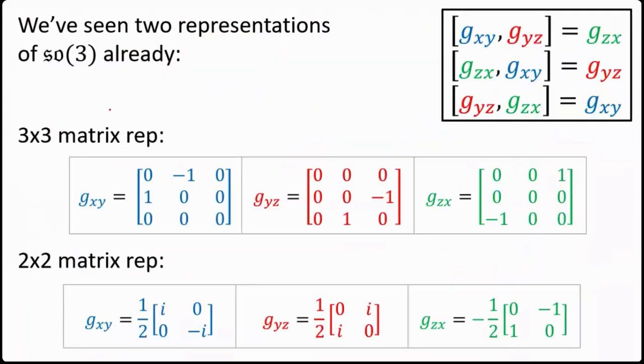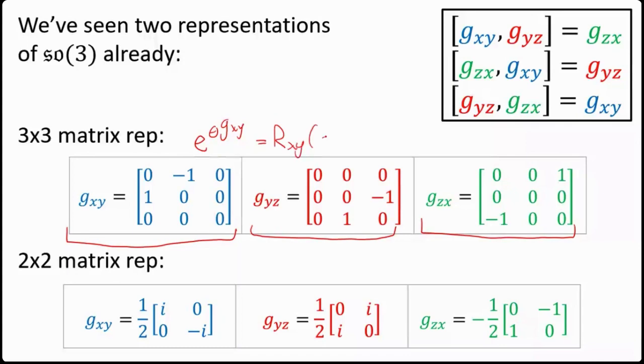So we've already seen two representations. We've seen the normal one, the more obvious one, provided you know the trick that e to the theta g xy equals the xy rotation. That part might not be super obvious, but the most obvious representation of SO3 is the 3x3 matrix.